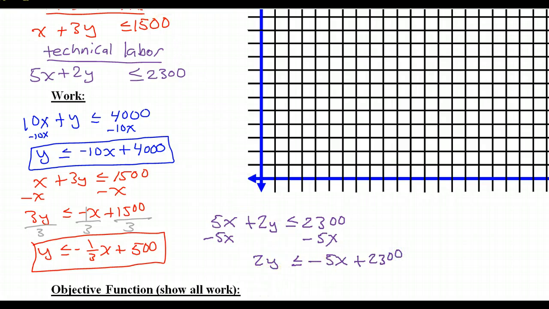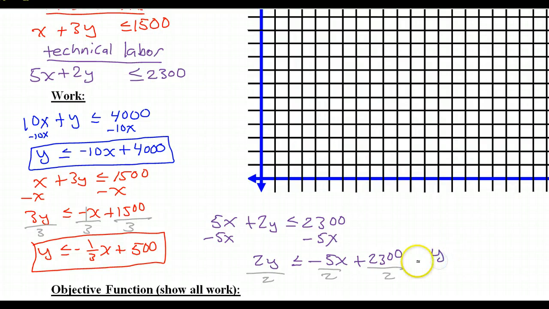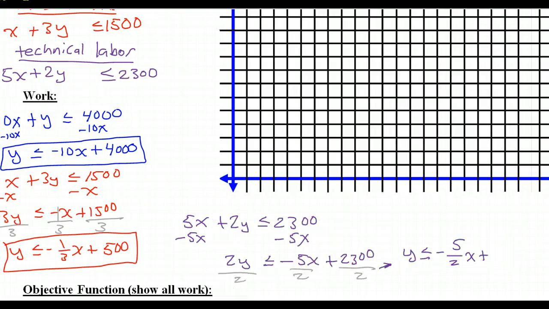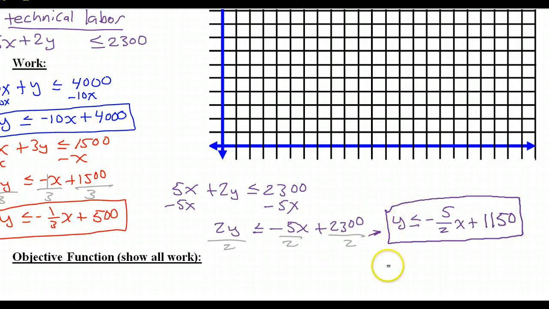And finally, I need to divide everything by 2. Divide by 2, divide by 2, divide by 2. So that's going to give me a final inequality of y is less than or equal to negative 5 over 2x plus 1,150. So this will be my third and final constraint.